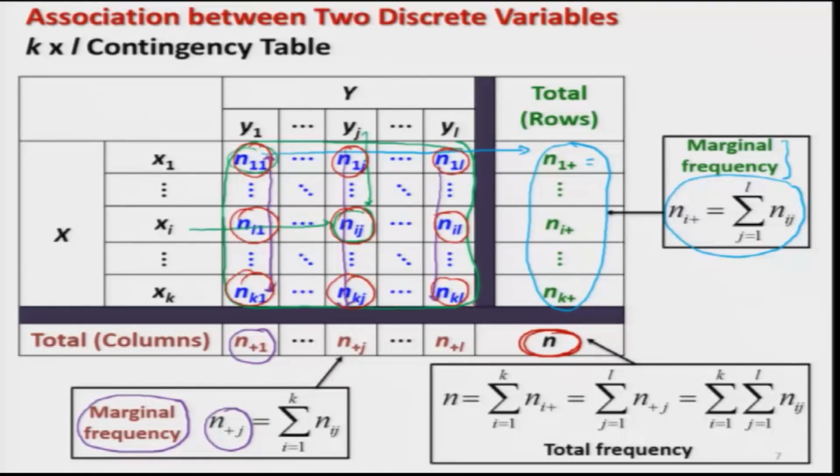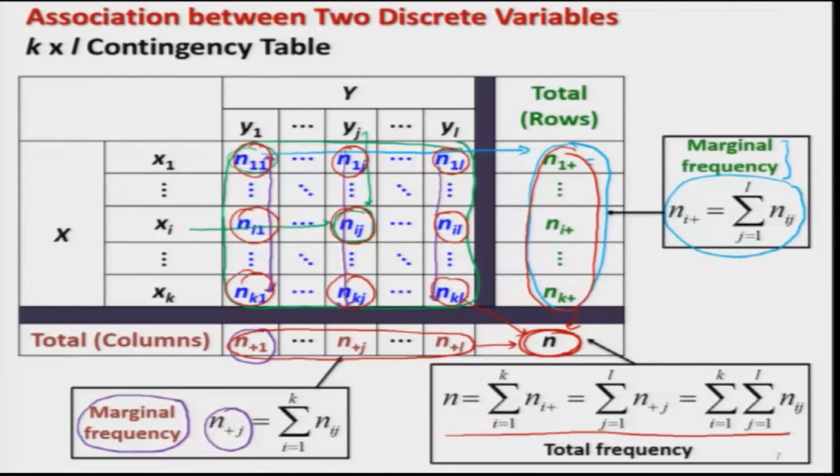So, this is the sum of all the n's, and this sum can also be obtained by adding the values in the rows, that is n1 plus plus n2 plus up to nk plus, and this value is going to be the same as n. And similarly, if you try to add the marginal frequencies of the columns, that will also give you the same value, and this I have denoted in this expression. So, this is called the total frequency.